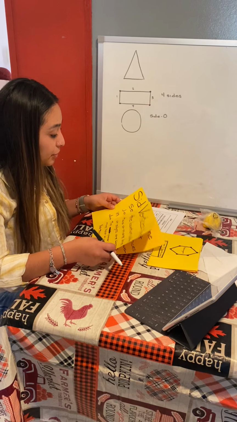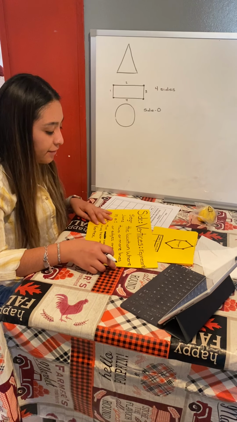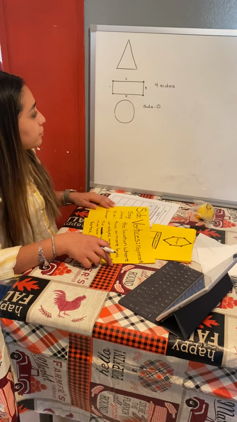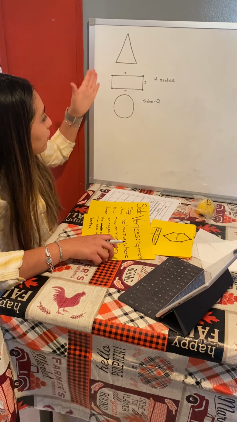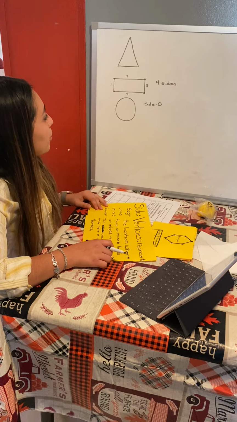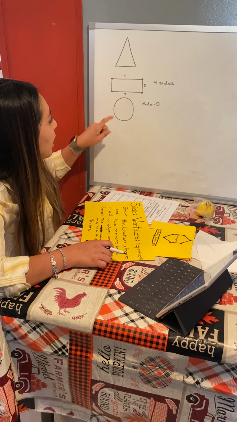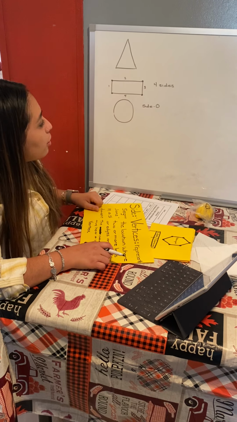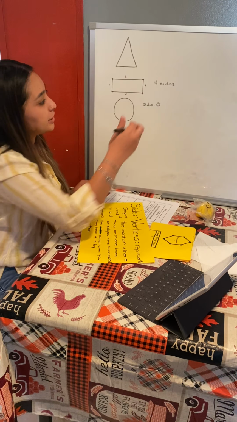And remember this because our activity for the day is over sides and vertices. So as we can see on my little picture up here, our rectangle has 1, 2, 3, 4. It has 4 vertices.